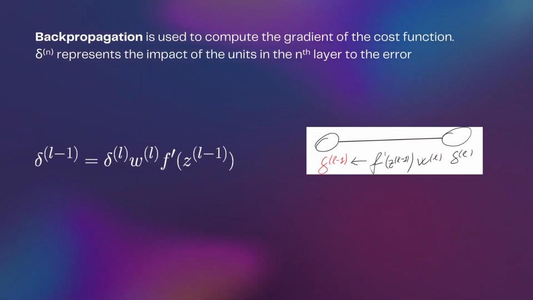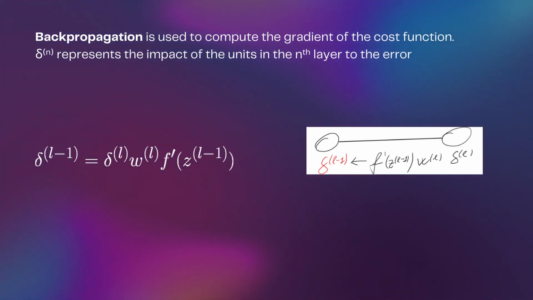So in summary, to calculate the gradient of the cost function, we use the backpropagation algorithm, where we compute the impact of every unit on the error in order to determine every partial derivative. In a generic hidden layer, we propagate backward the delta of the next layer by multiplying it with the weight and the first derivative of the activation function fed with the linear combination of the layer whose delta is to be calculated.